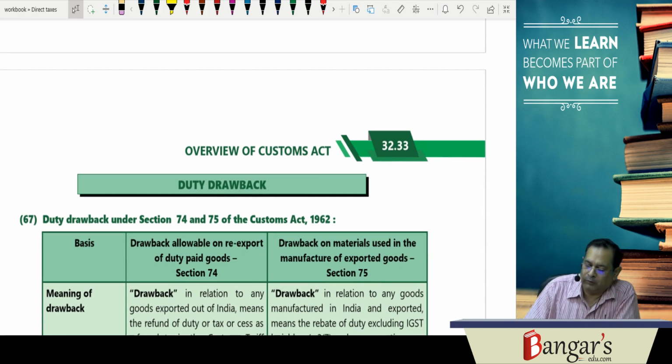You must remember what duty drawback is. You must understand what duty drawback is.